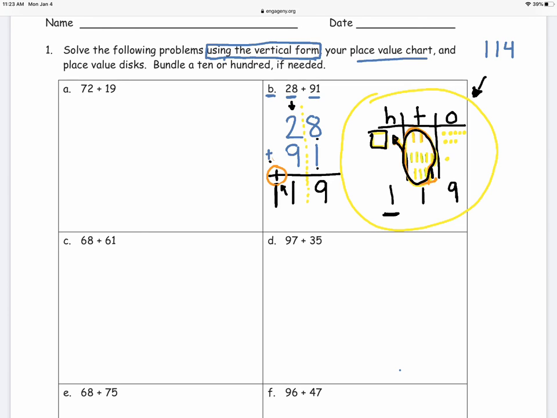But even if you do the place value chart, I still want to see you try the vertical way too. Alrighty, so whenever you group a group of 10 and move it over, that's when you move over your 10 in your vertical way.